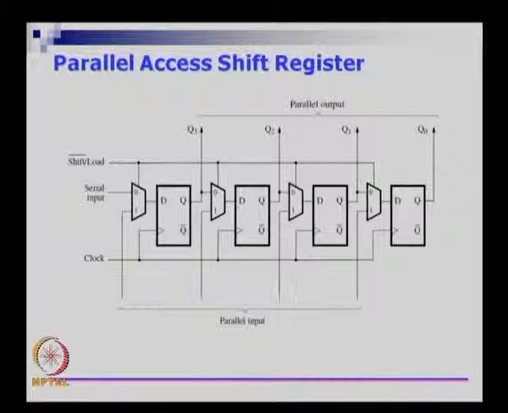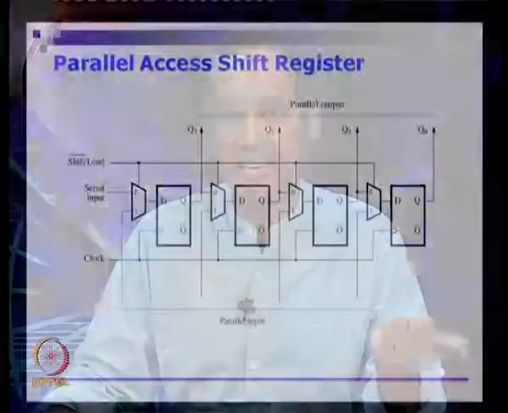And similarly, if you want to put a value into the register using only serial input, then it will need n cycles also. So loading the register serially takes n cycles, getting the values which the register has also takes n cycles. However, loading in parallel takes 1 cycle, reading in parallel takes 1 cycle.